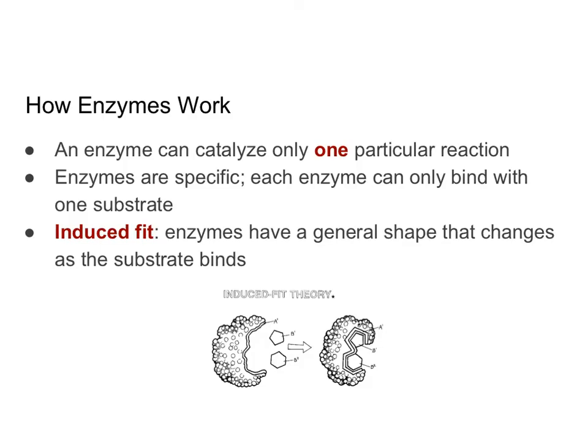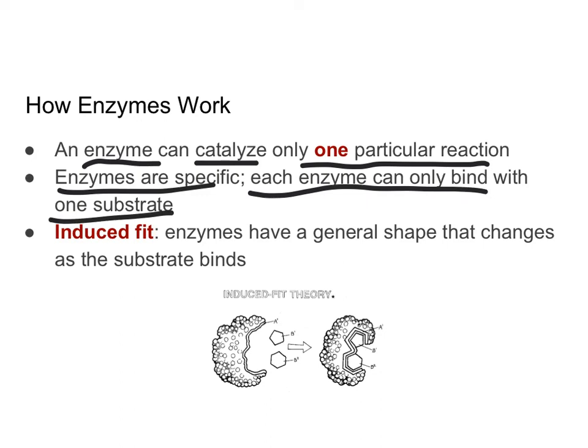So it turns out enzymes can only catalyze one particular reaction. In that example we just looked at, that sucrase enzyme can only break down sucrose. It can't do anything else. It can't break down lactose. It can't break down maltose. It only breaks down sucrose. So enzymes are specific, meaning that their active site only fits with one substrate.